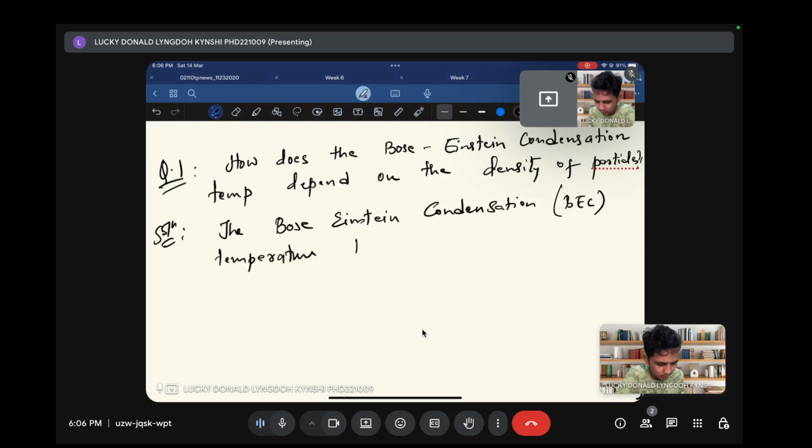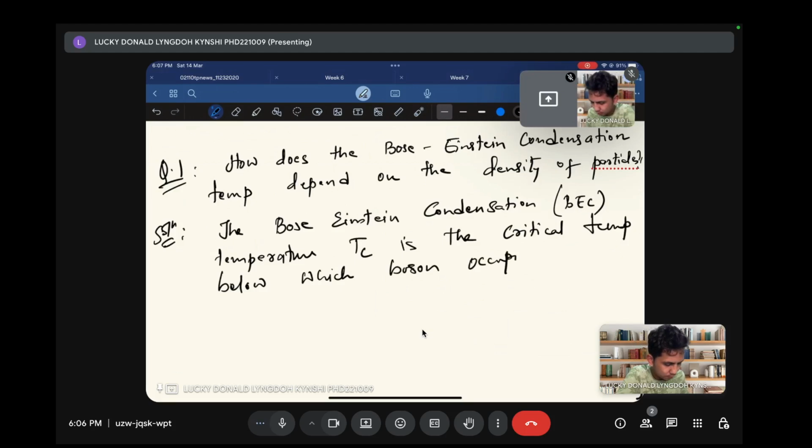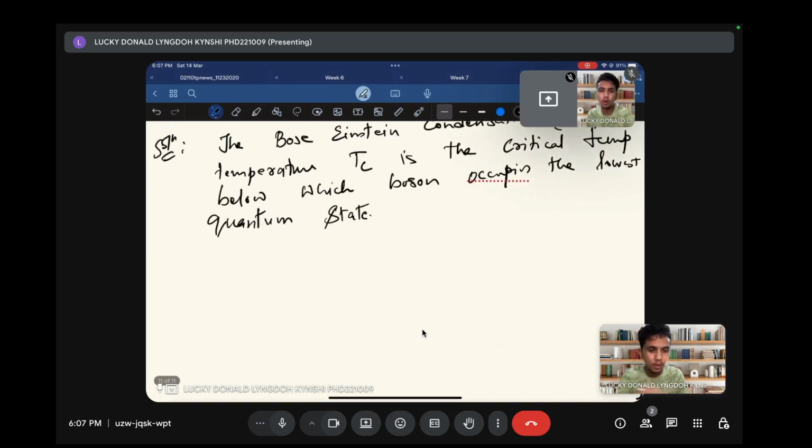TC is the critical temperature below which bosons occupy the lowest quantum state. So it is the critical temperature below which most of the bosons, the maximum fraction of the bosons, will occupy the lowest quantum state.